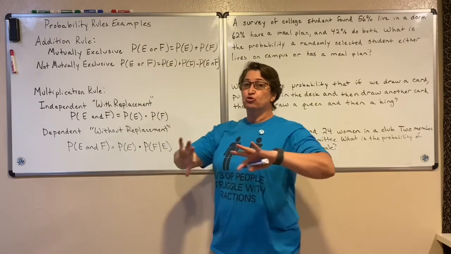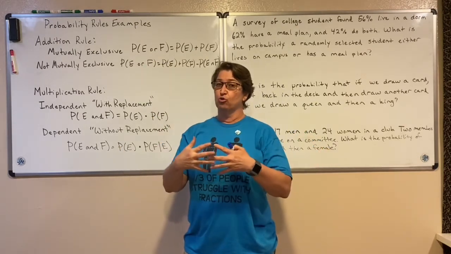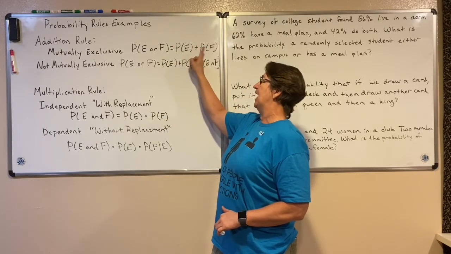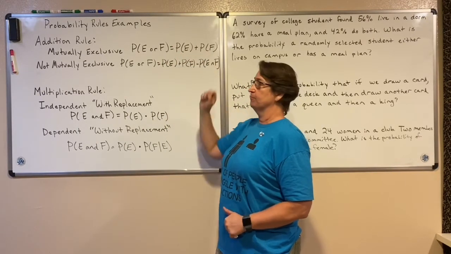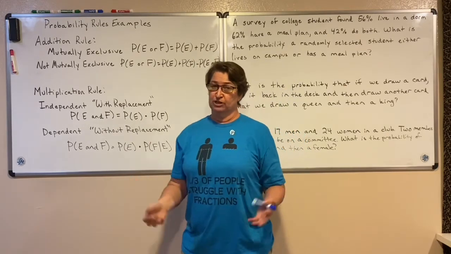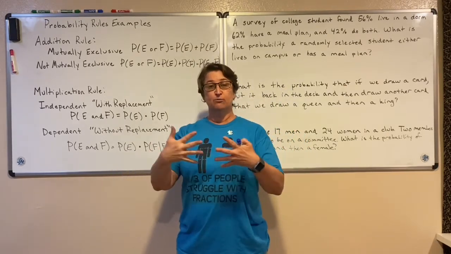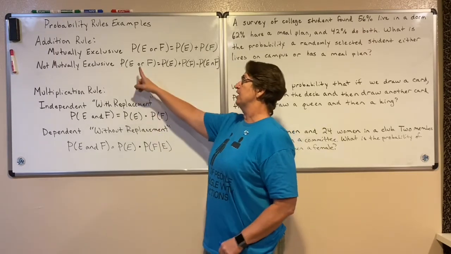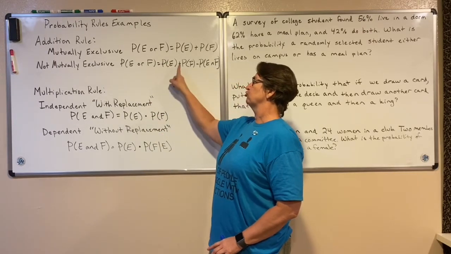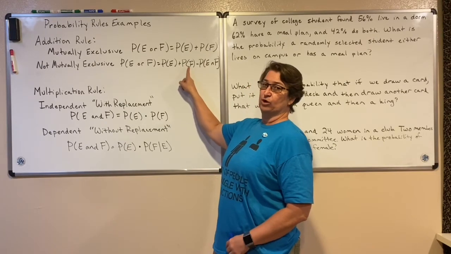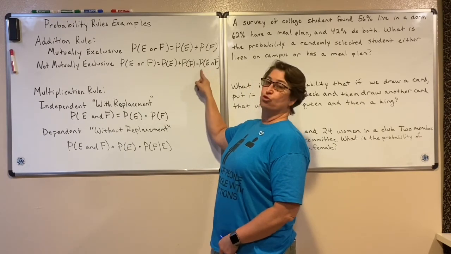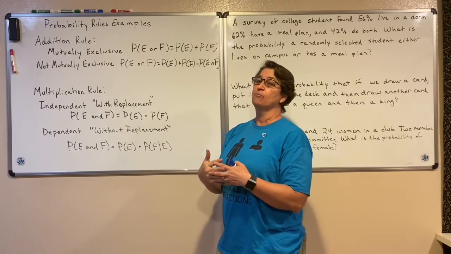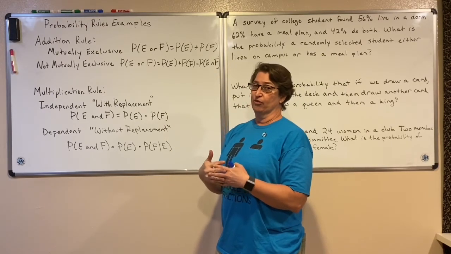If they are mutually exclusive, in other words, they don't overlap, we just take the probability of the first one and add it to the probability of the second one. If they're not mutually exclusive, in other words, if there is some sort of overlap, if they can happen at the same time, then we take the probability of the first one plus the probability of the second one, and we subtract their intersection where they are overlapping. We subtract that probability where they overlap.